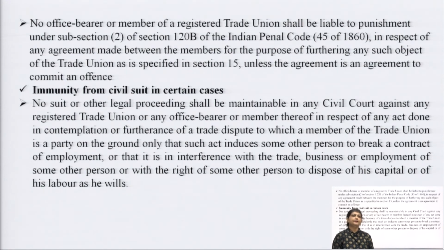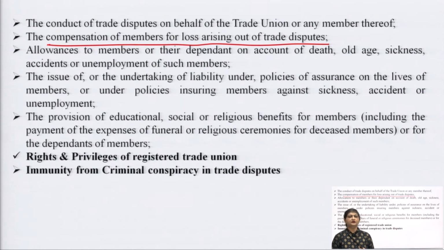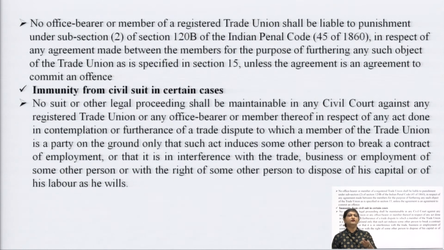So, basically the office bearers of a registered trade union get immunity from criminal conspiracy as well as immunity from civil suit in certain cases.